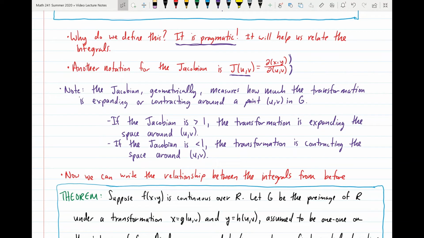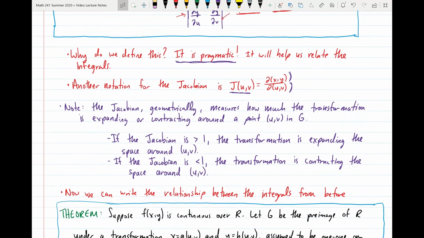And note that the Jacobian, geometrically, if you want to build up an intuition for what this is doing, it's measuring how much the transformation is expanding or contracting around a point uv in G. So if you have some region in the uv plane and you pick some point, and then you pick a region around that point like this, and now you're mapping this region over to some region R in the xy plane, the question is, what is that transformation going to do with this whole box surrounding that point uv?